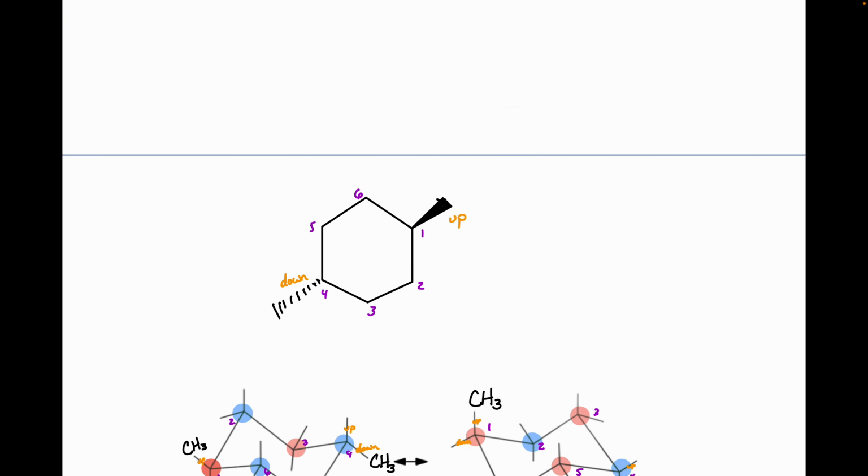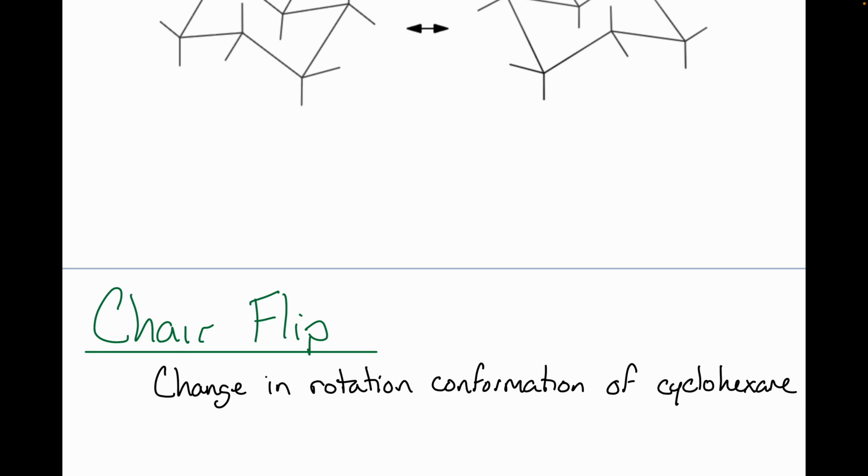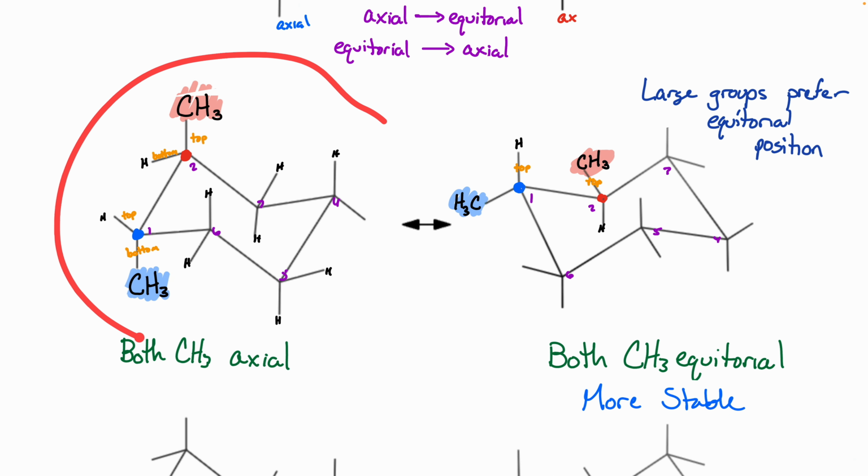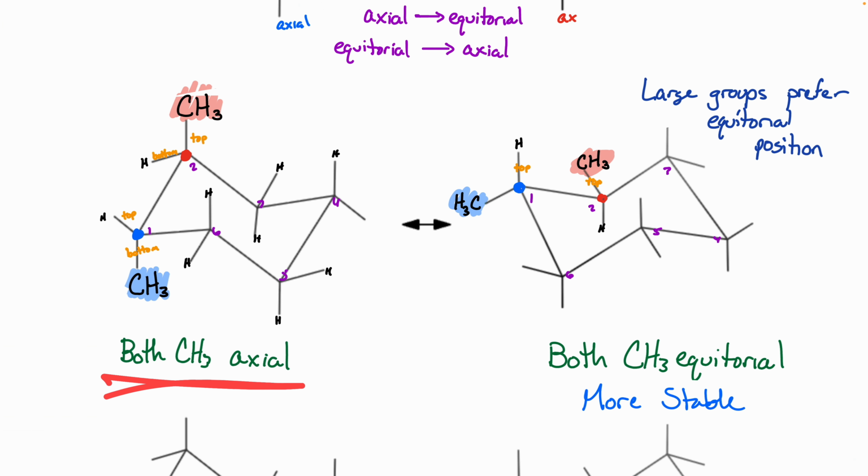Remember last time we looked at a molecule where I started you out with this chair structure where we had these two methyl groups on there. And then we mapped what would happen as our chair flip occurred. Remember that when we have our chair flip, all of our axial positions become equatorial positions, and vice versa, all of our equatorial positions become axial positions.